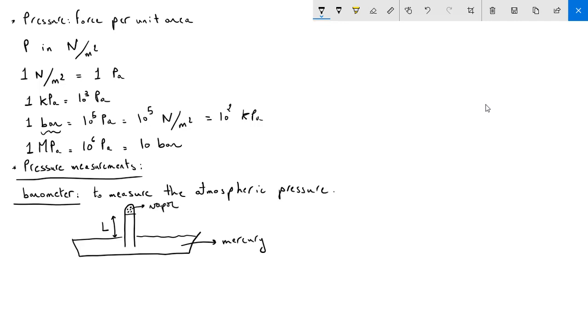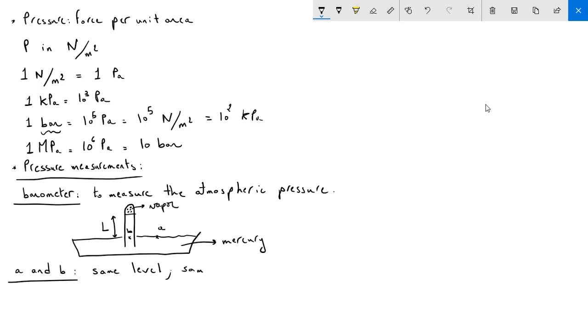So if you know that the hydrostatic pressure distribution in a fluid is the same when we have the same levels, or if we take 2 points A and B, they both have the same level and they both correspond to the same fluid.